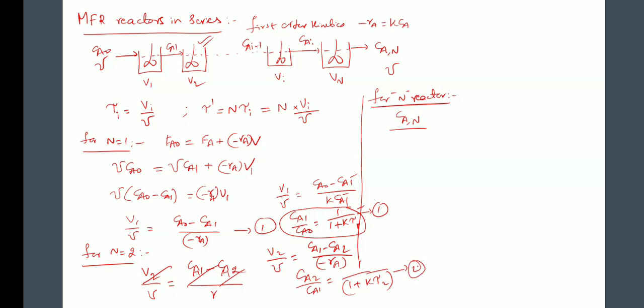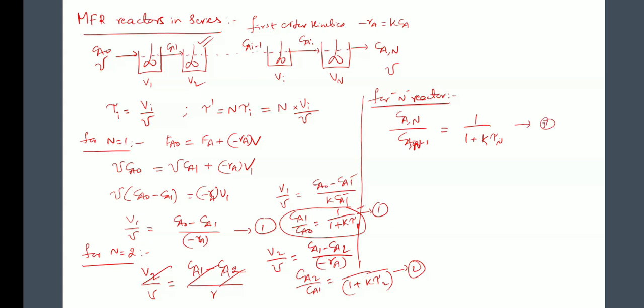Similarly, if you write for the third reactor, fourth reactor, fifth reactor, and for the nth reactor, Can by, and the inlet concentration for the nth reactor is Ca, n minus 1, that is equal to 1 by 1 plus K tau I. This is for the nth reactor, that is tau n, and this is the third equation.